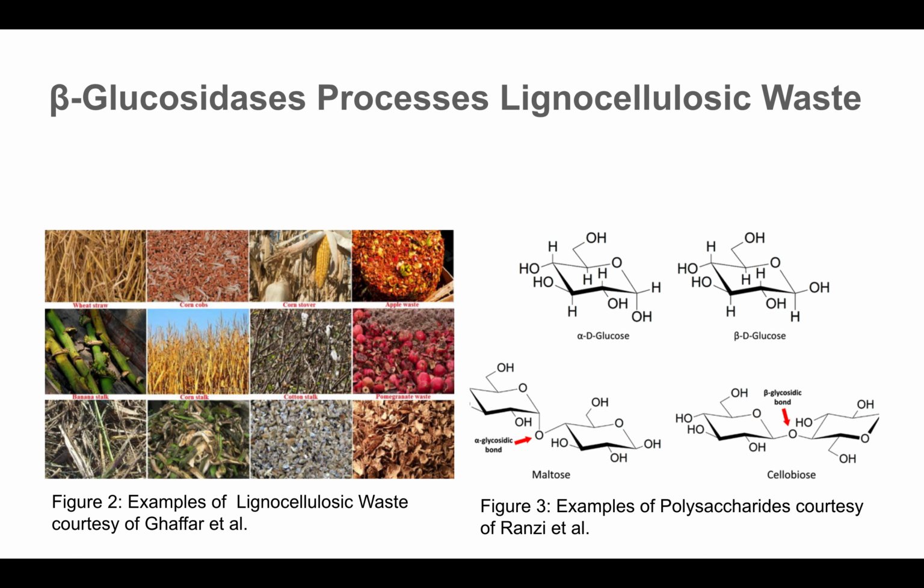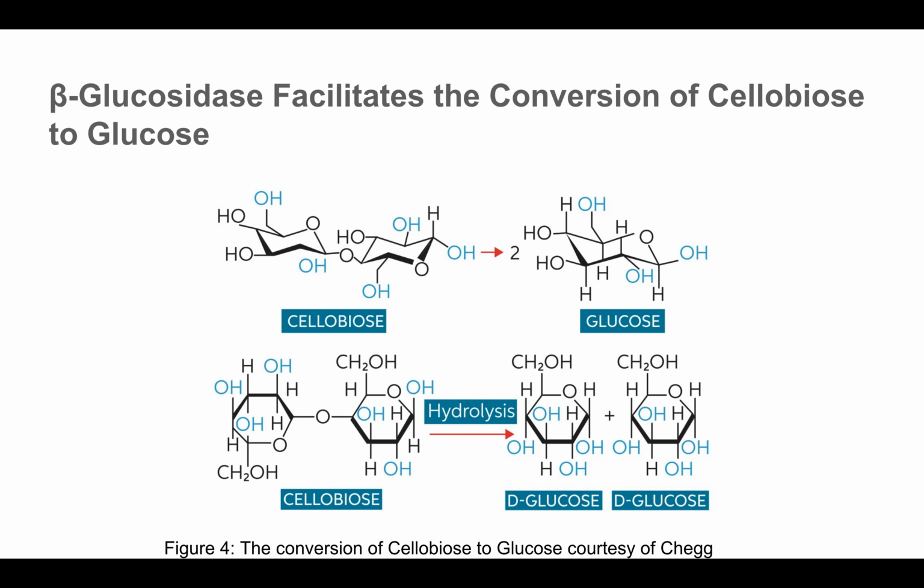We are interested in breaking the bond between these two carbon rings to make something called D-glucose. So the hydrolysis from cellobiose to D-glucose would allow us to accumulate this glucose, which can then be fermented to make bioethanol, which is a more sustainable way to make ethanol and biofuel in general.